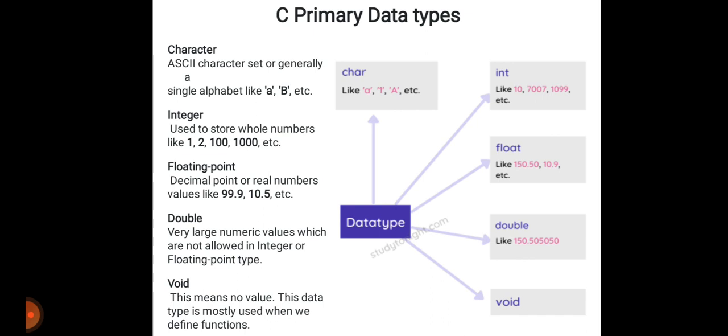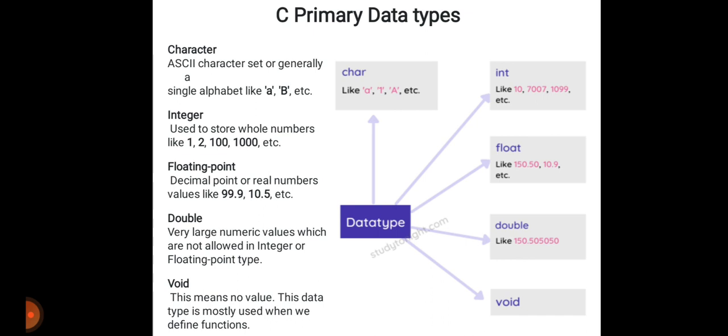Then what is meant by integer? Integer is used to store whole numbers, like 1, 2, 3, 4 up to 100, up to 1000, etc. The next one is floating point.